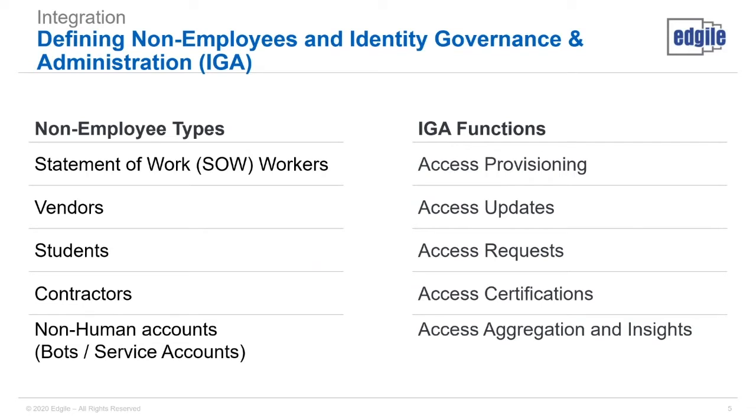If you look at some of the IGA functions, access provisioning means how you can get your users the required access to different target applications, for example Active Directory, Cerner, Epic, Salesforce, any ERP solutions. This can be done by automation. During a new hire or any change in access, with the help of automation, your access should change accordingly, which is also the access updates: if you change your job title or your role in the organization, your access should change as well.